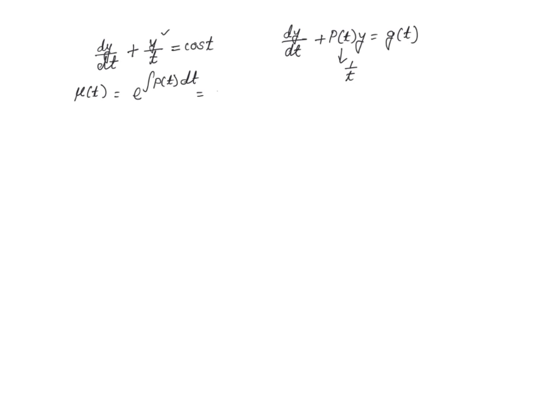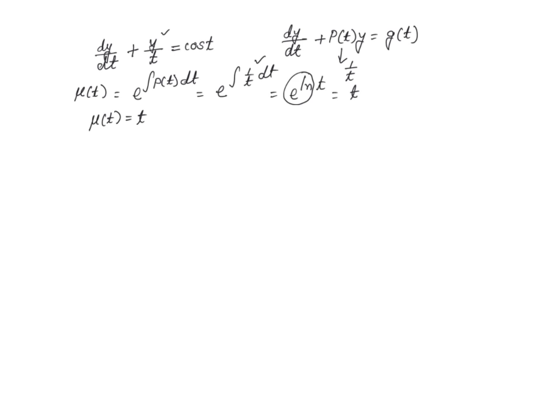So in this particular problem, our p of t is 1 over t, and then we have integral 1 over t dt, which is e to the power ln of t, because integral 1 over t dt is ln of t. Now exponential and natural log are inverses of each other, so they will cancel each other out, leaving you with t. So mu of t is equal to t.